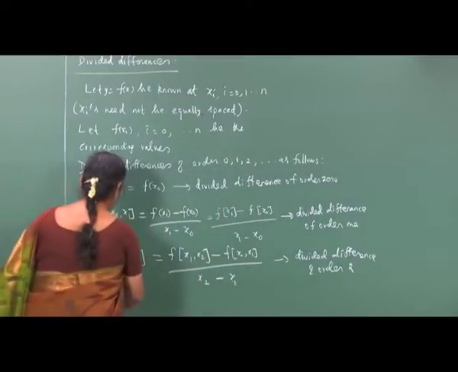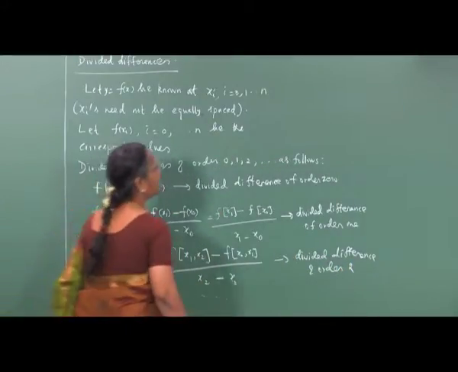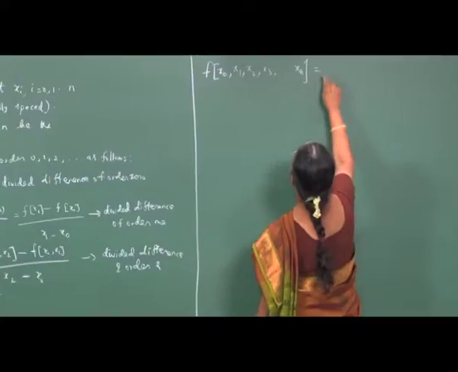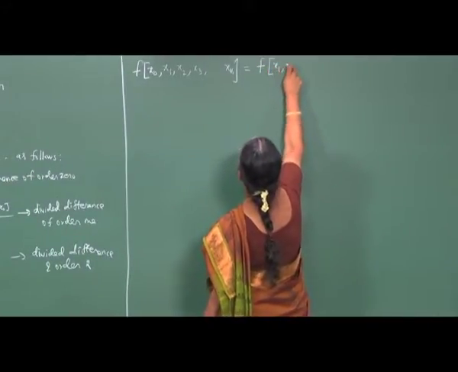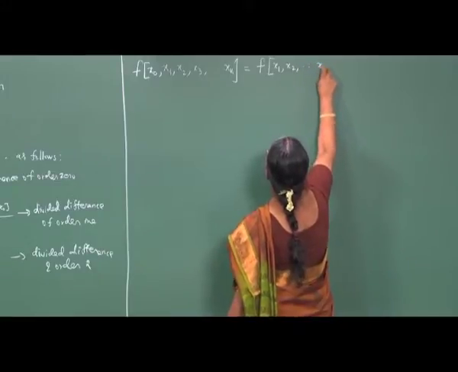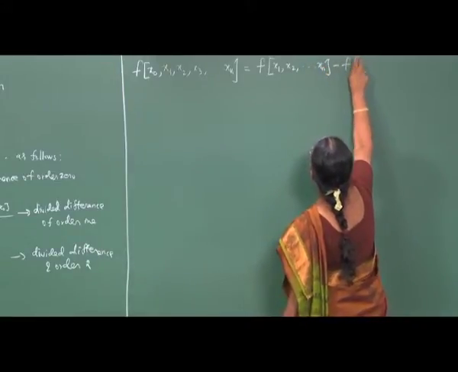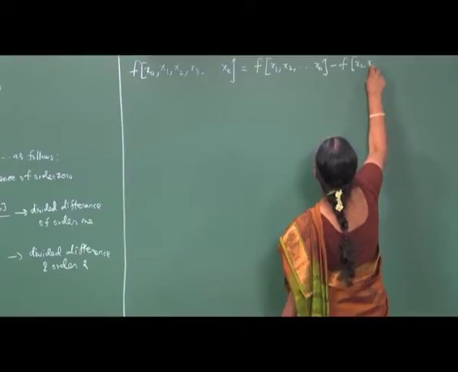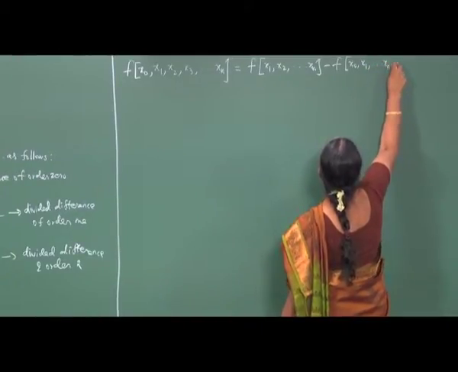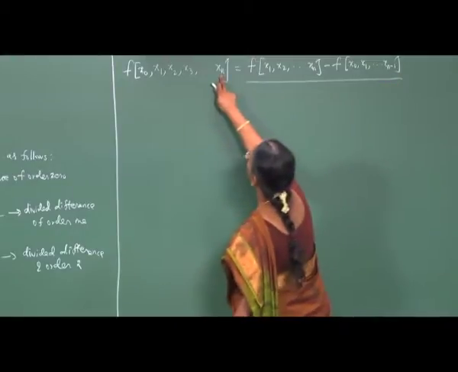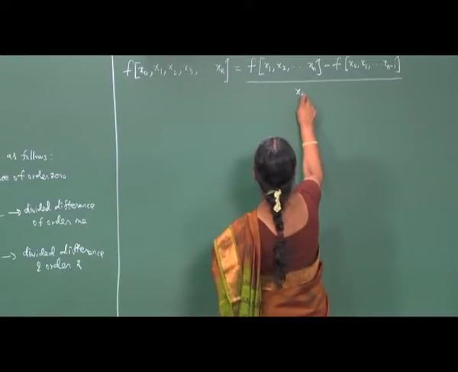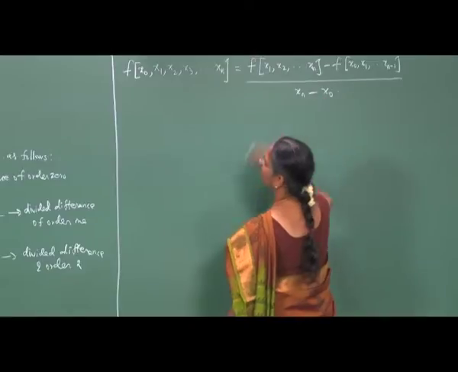So, we continue this way and write down the divided difference of order n as f of x1, x2 etc. xn minus f of x naught, x1 etc. up to xn minus 1 divided by xn minus x naught.